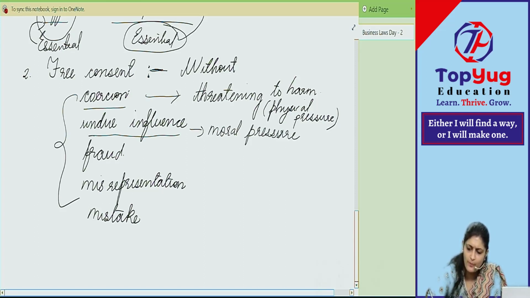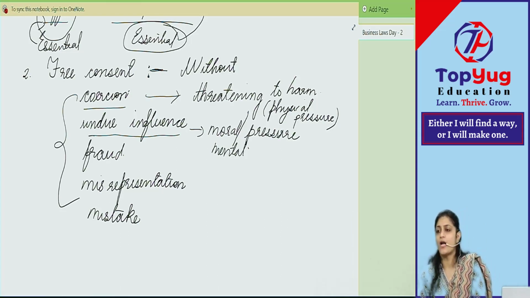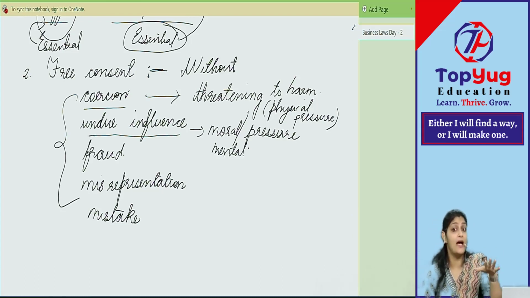Undue influence is nothing but moral pressure, or you can say some moral or mental pressure. Generally, this happens between the parties who are having some sort of relationship, where one person is dominating and the other person is being dominated.